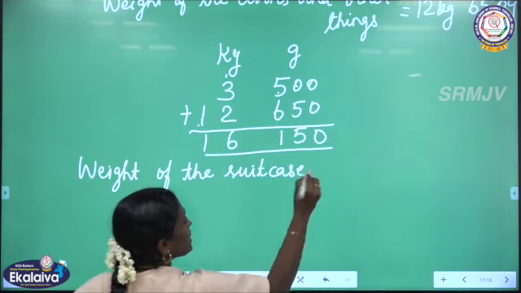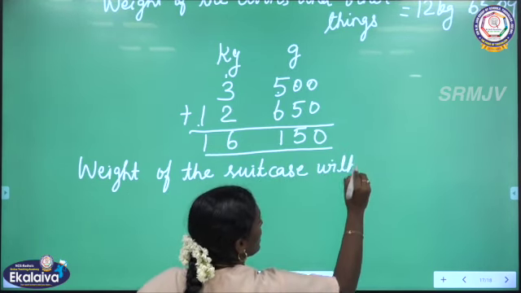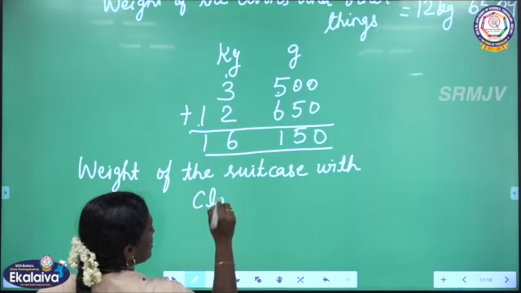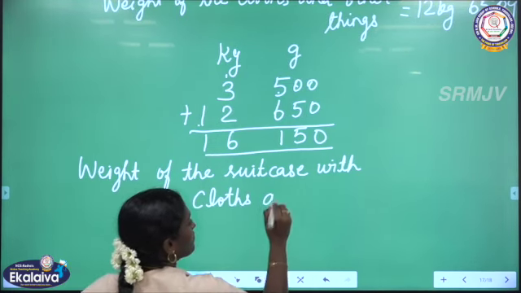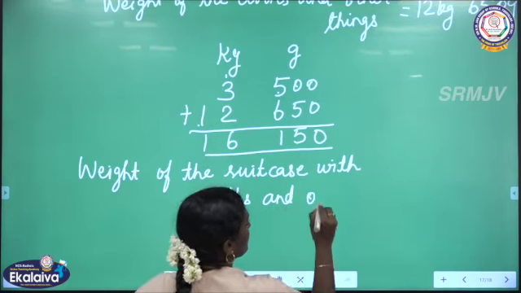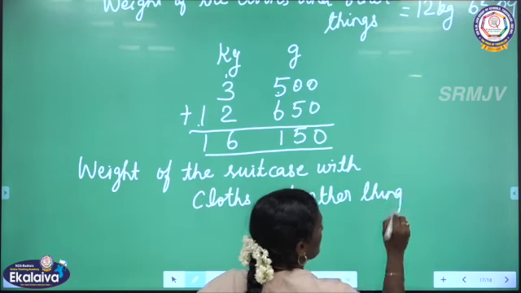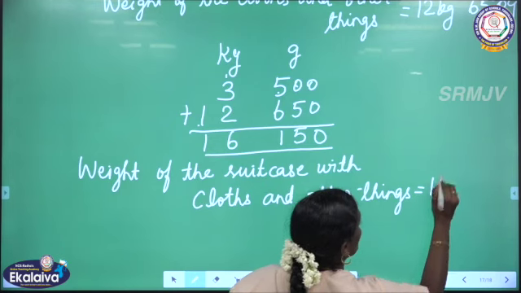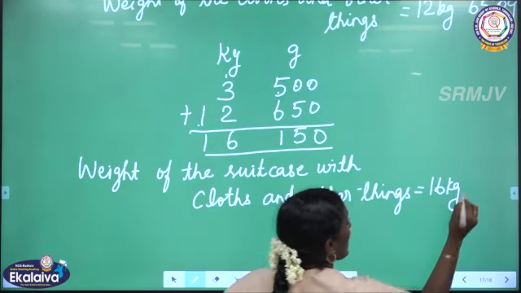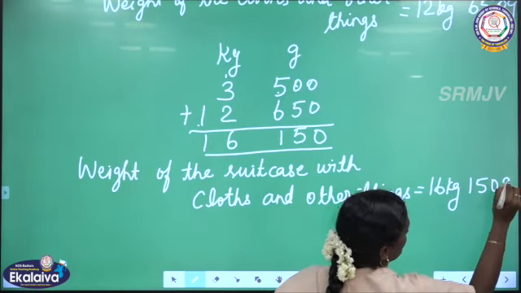Weight of the suitcase with cloths and other things, that is 16 kilogram and 150 gram.